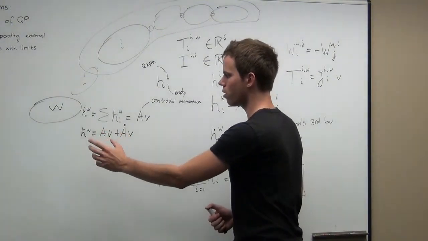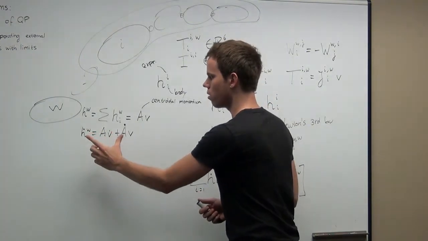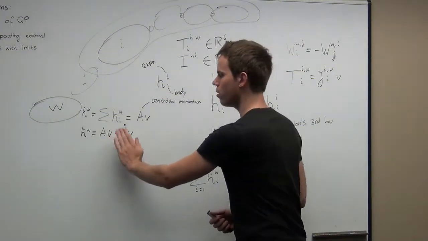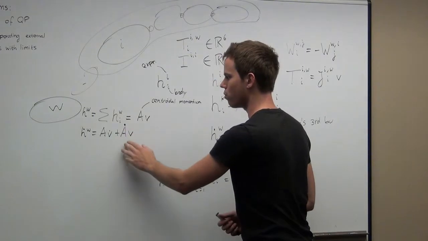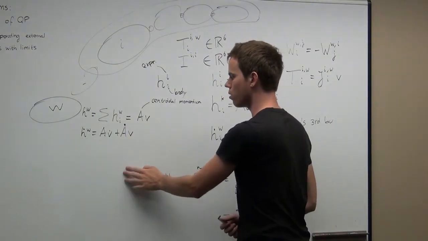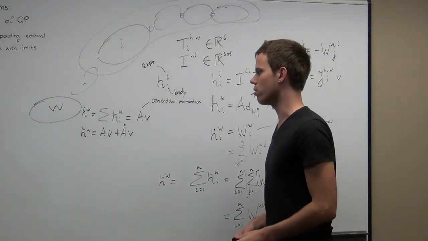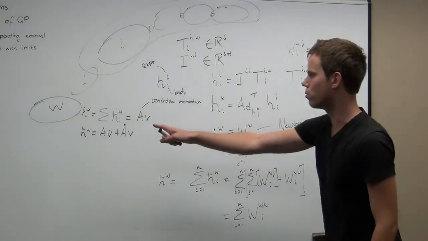What we care about is that there's an affine equation in v dot. So it's not linear because there's this extra term, plus A dot v, but it's still in a very nice form. Yeah, it's called affine.